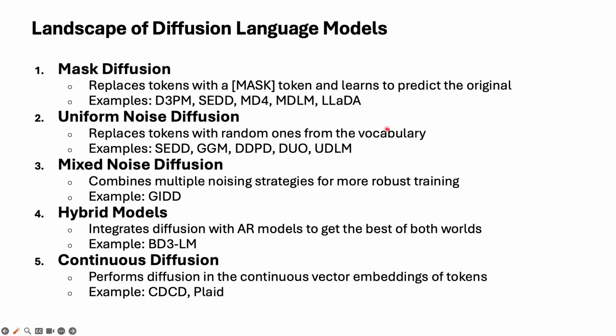Okay. So this is one issue. The second issue is that the uniform model has a problem. In a mask diffusion model, when it has been noised, there's a special mask character that appears there. So already when you see it, you know this is no longer the truth. In the uniform model, that is a problem. Suppose I give you a sentence in which some words have been randomly flipped. Can you tell me which have been flipped and which haven't? It's a non-trivial question. So in that sense, it's actually worse than a mask diffusion model.